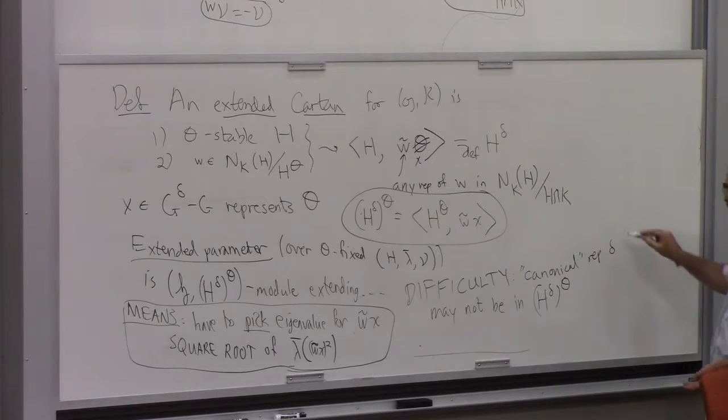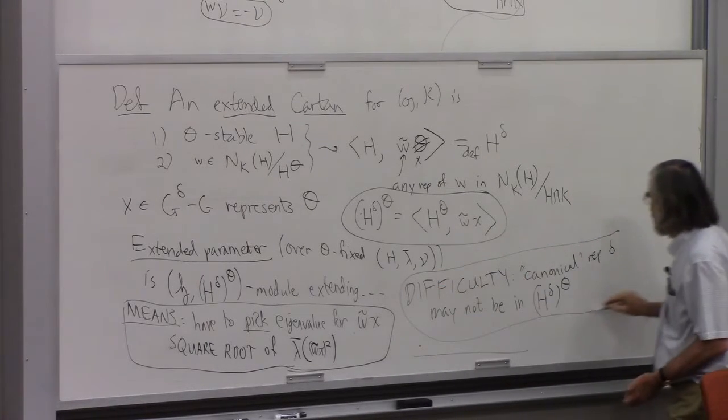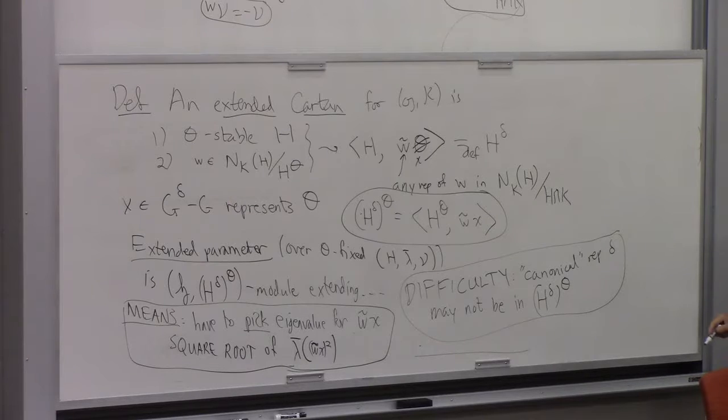So your suggestion was sort of, well, you just have to choose the character by which this natural extender acts, it's either +1 or -1, and you're all set.